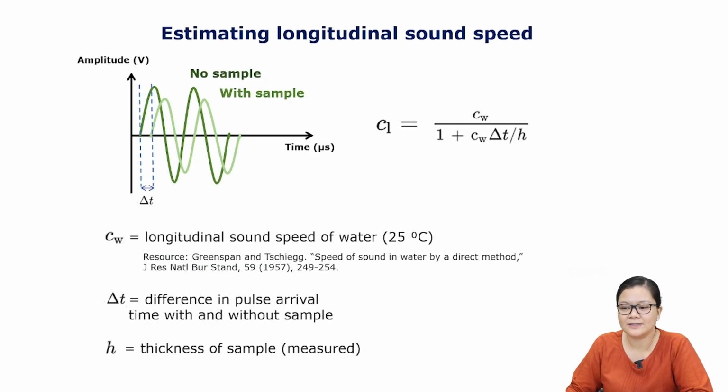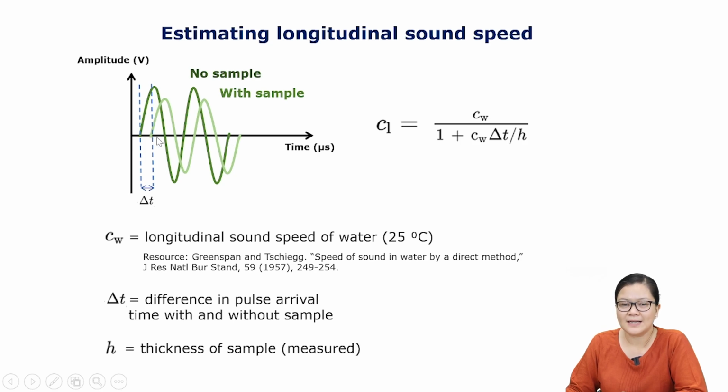Here are some examples of the signal that you will find on an oscilloscope, for instance. You have amplitude here, which can be converted to a pressure later, as a function of time. What you'll observe is that this pulse looks like the pulse that has traveled through the water tank without the sample.